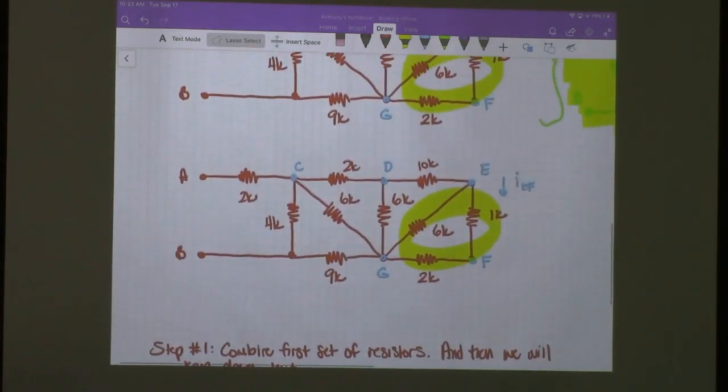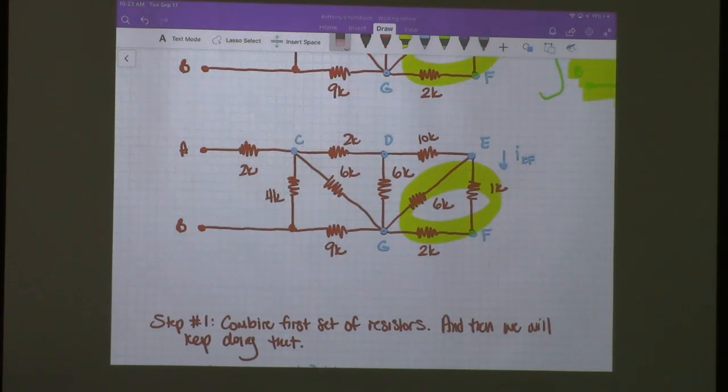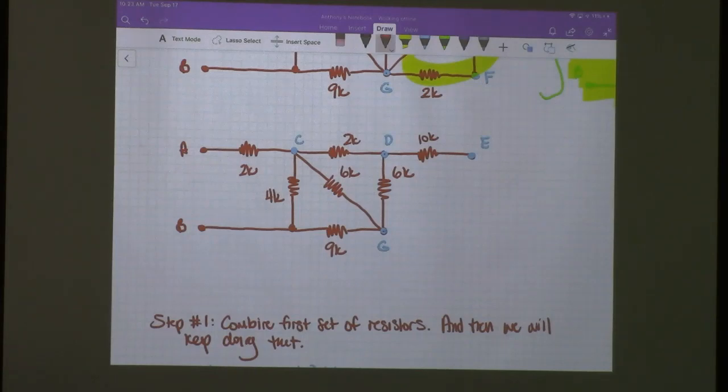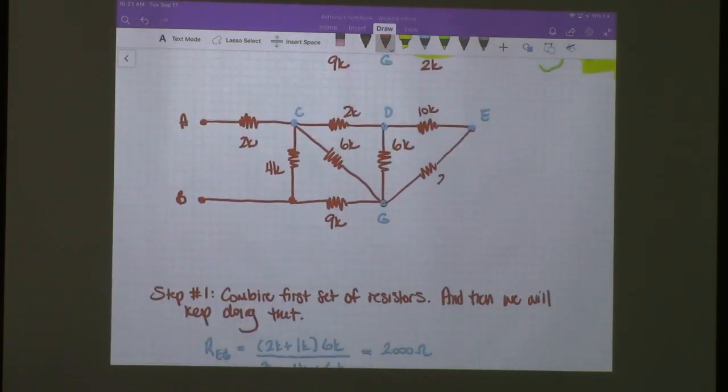All right, so now let's erase all this. And what we're left with is a resistor that is 2 kilo ohms.